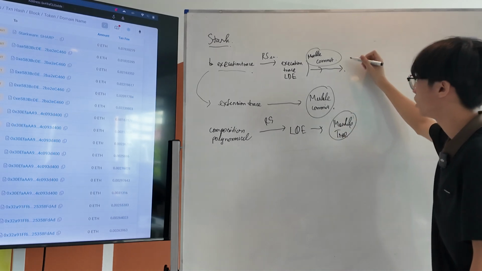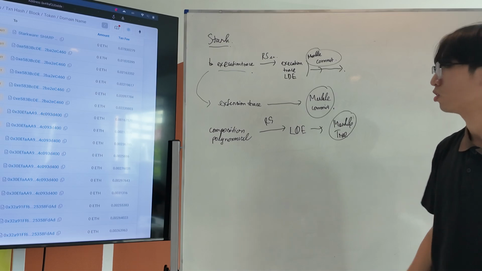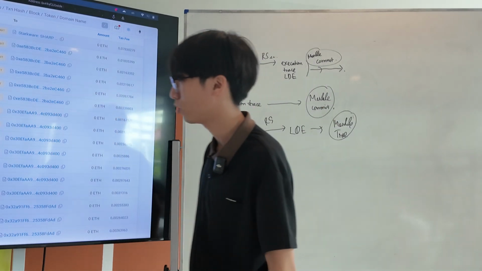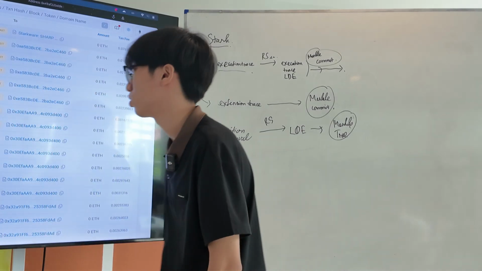So here are the three Merkle trees that you use in a Cairo prover. You need to send the proof from it into the smart contract. So here's why we have three proofs sent to the verify Merkle smart contract.